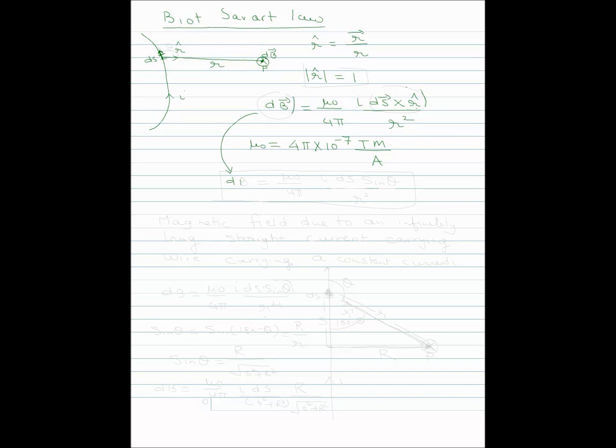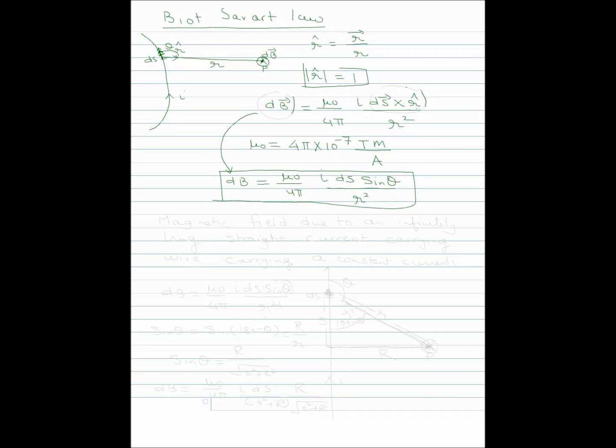Well, according to Biot-Savart law, that magnitude will be mu 0 over 4 pi I, the magnitude of ds, times magnitude of r hat, but remember the magnitude of r hat is just 1 since it's a unit vector, times sine theta, where theta is this angle between ds and r hat, divided by r squared. So this is the magnitude of dB given by Biot-Savart law.